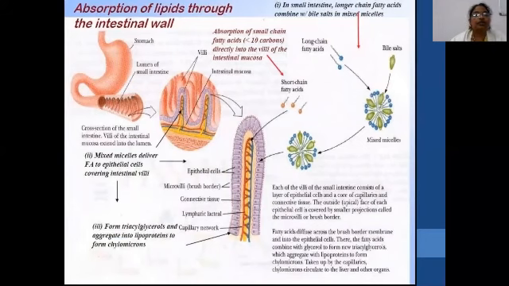Absorption of lipids through the intestinal wall. So you can appreciate this. This is the stomach, and the lumen of the stomach is continuous with the lumen of the small intestine. A cross section of the small intestine shows villi of the intestinal mucosa extending into the lumen. So this is the picture. Here, mixed micelles deliver fatty acid to epithelial cells covering the intestinal villi.